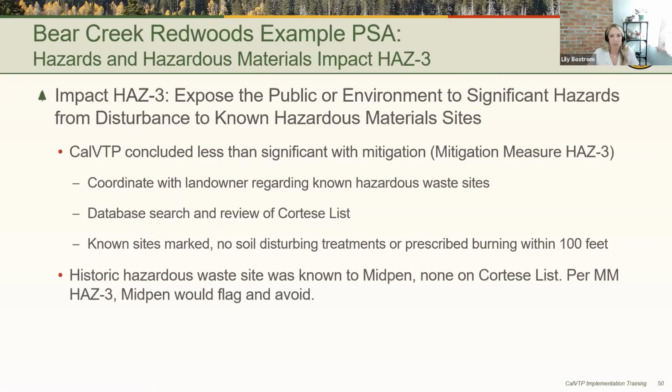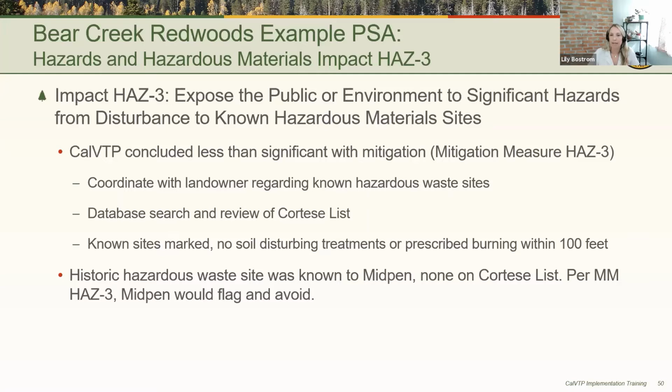All right, so now we're going to walk through Impact Haz 3, which asks whether a treatment project would expose the public or environment to significant hazards from disturbance to known hazardous materials sites. So in this case, the CalVTP concluded less than significant with mitigation.